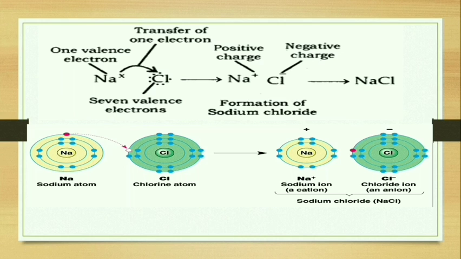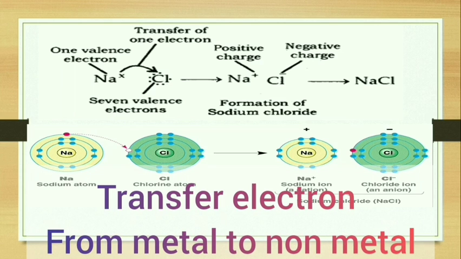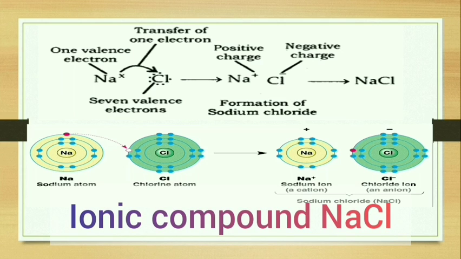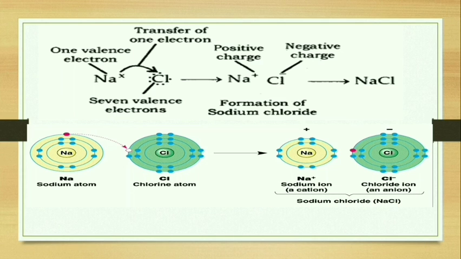So we can say that when an electron is transferred from a metal to a non-metal, they form an ionic compound. So sodium chloride is an ionic compound formed between the sodium ion and the chloride ion.